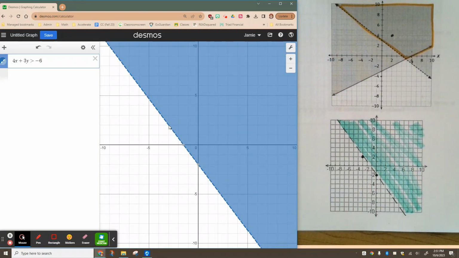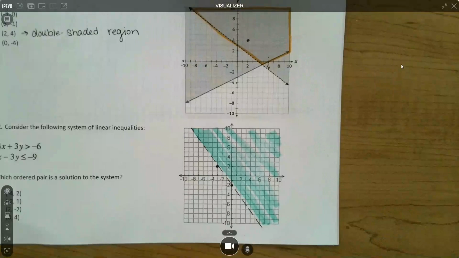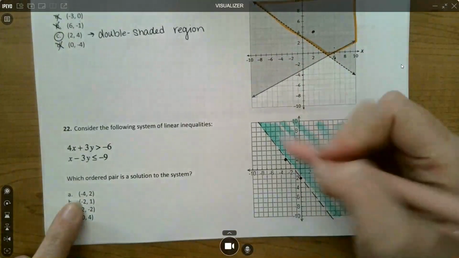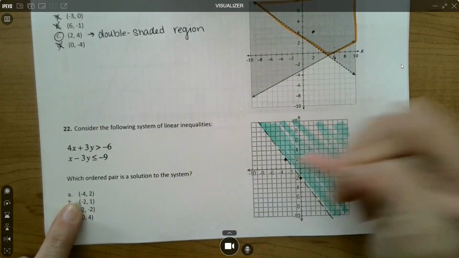Okay. So one thing I can do is anything that's not in this area, I can go ahead and eliminate. So -4, 2. Here, let me do this. Negative 4, positive 2 is right there.